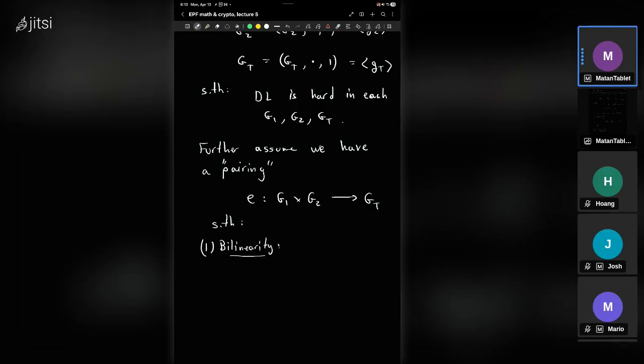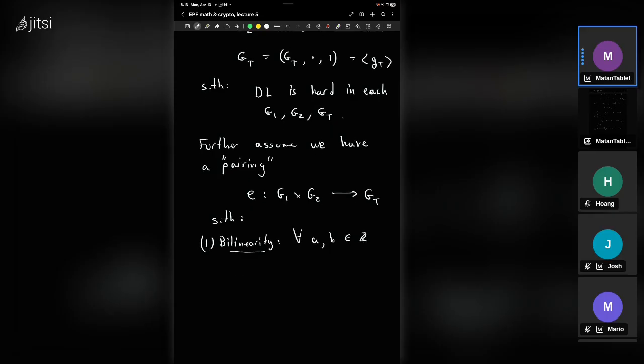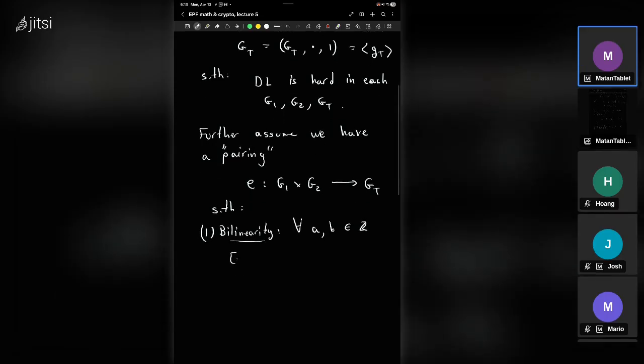And this means that for any a and b in Z, of course, I can write aX as the abbreviated notation for X plus X plus X, a times.